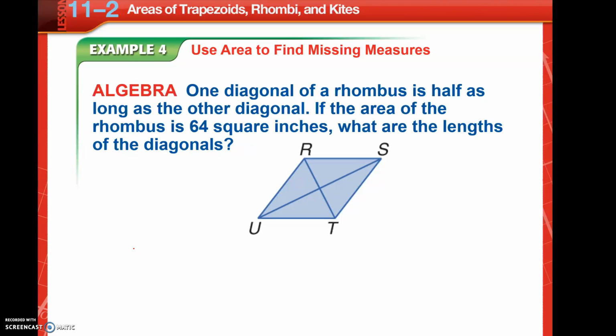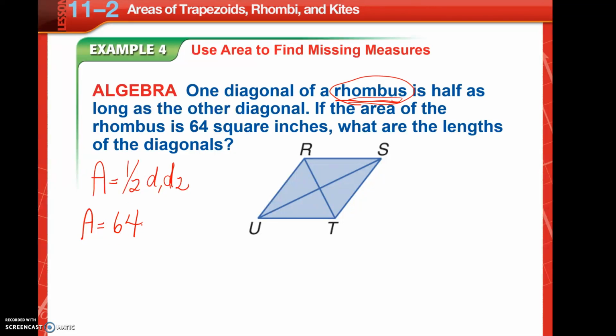We saw a little bit yesterday on the last lesson about algebra. So again, the important thing we need to remember is that we have a formula for a rhombus. Area of a rhombus is 1/2 diagonal 1 times diagonal 2. So we're going to see what information I have to plug in for all these variables. We need to only have one variable at the end. So the area of the rhombus is 64. So my area equals 64.